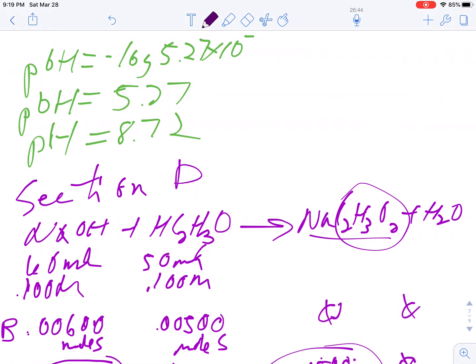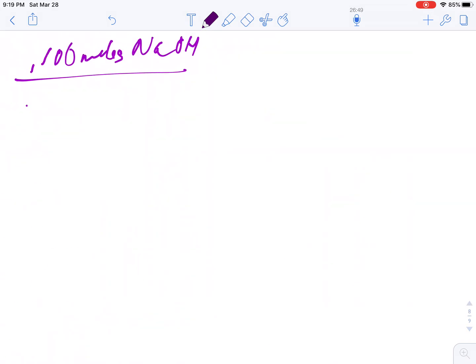So I know I've got 0.1 mole of sodium hydroxide that did not react. We're going to divide by the volume. Well, 60 plus 50, 0.110 liters.